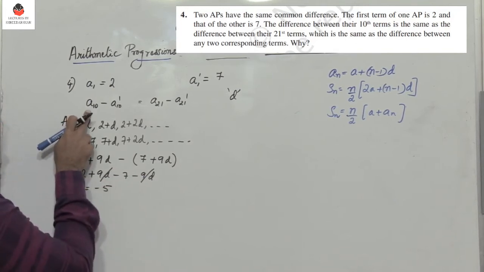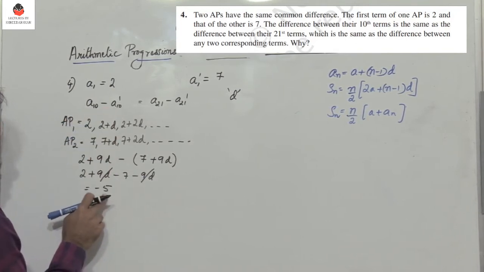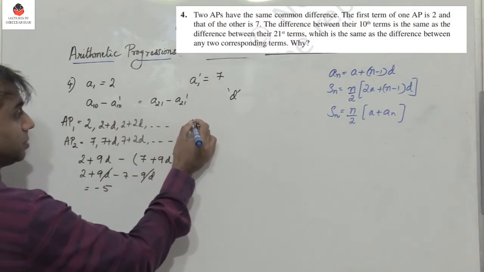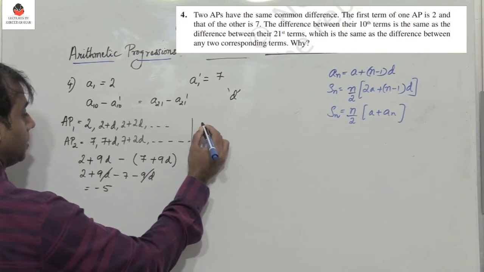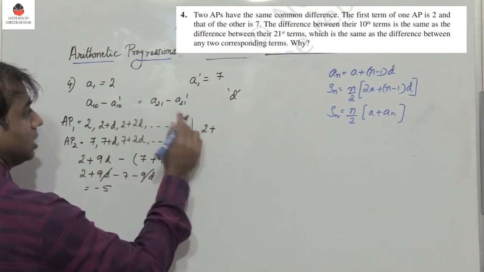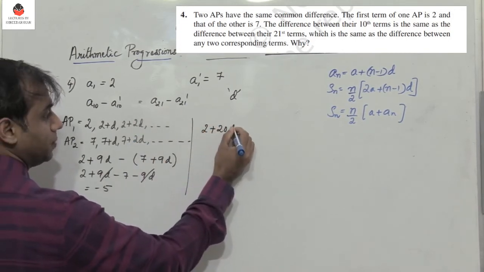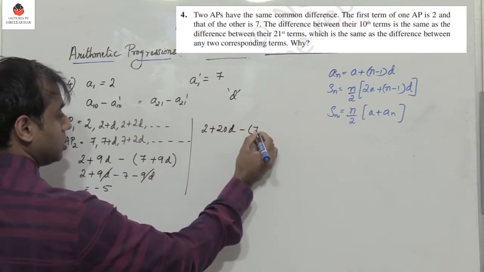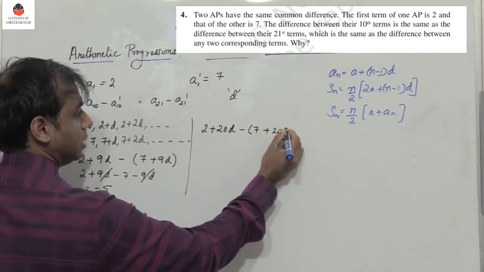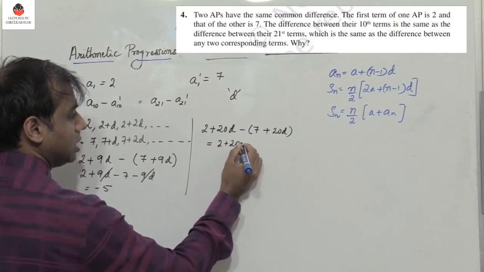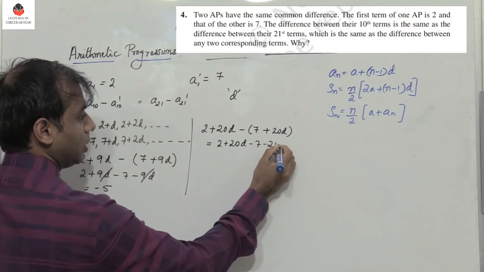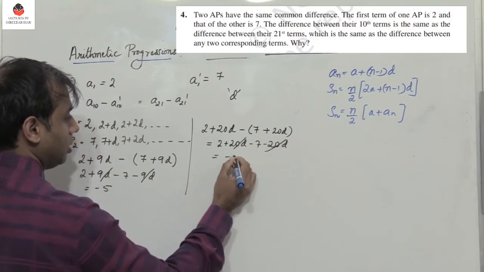Right? So if I subtract A10 minus A10 dash, I get minus 5. Similarly, if I subtract A21 minus A21 dash, so again you get A, which is 2, plus n minus 1, which is 20D, minus A, which is 7, plus 20D. And this gives me 2 plus 20D minus 7 minus 20D. So again we get minus 5.